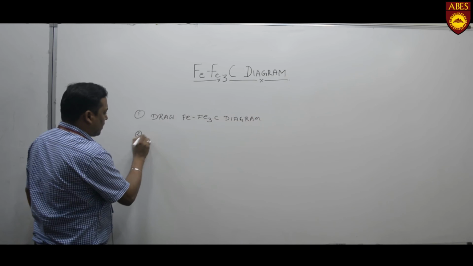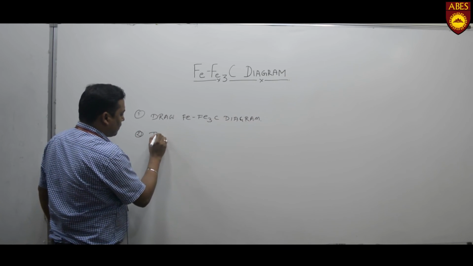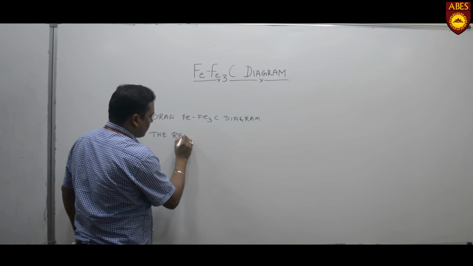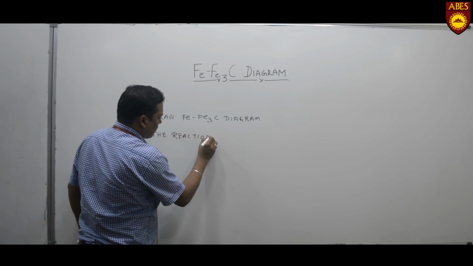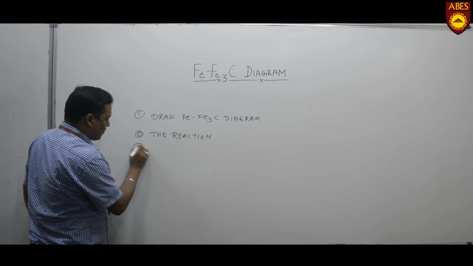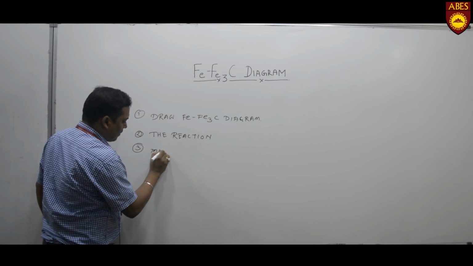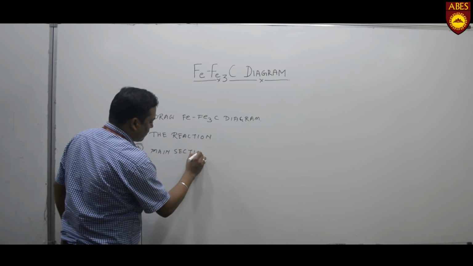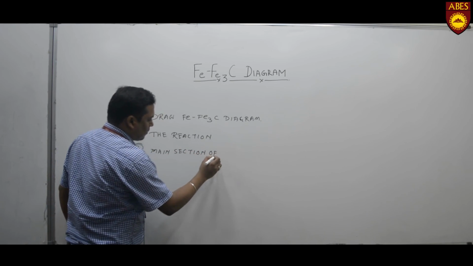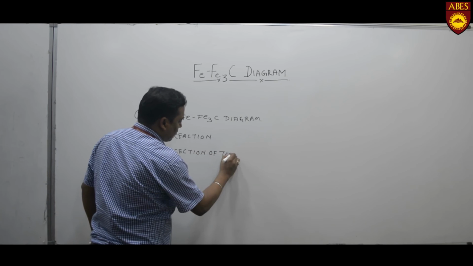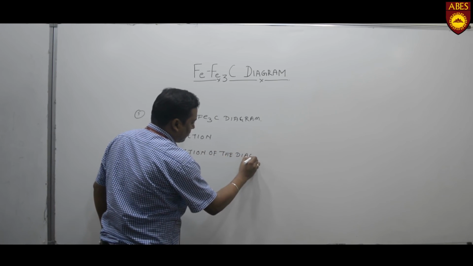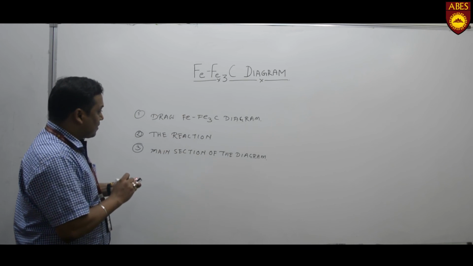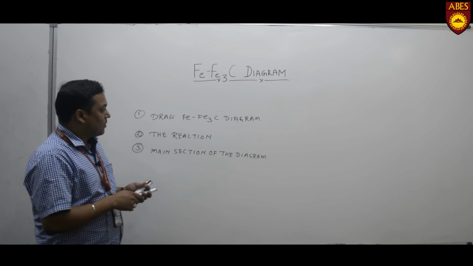Second is the reactions. Third is the main sections of the diagram. So let's start how the iron carbon diagram is to be drawn.